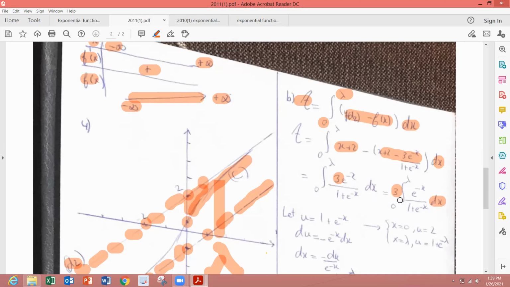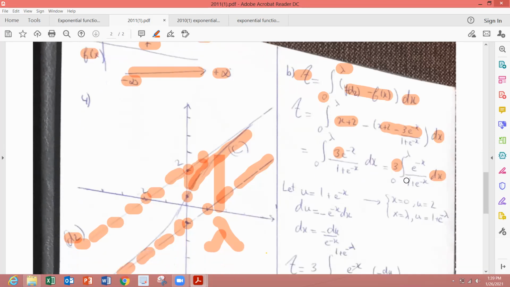Now by the method of substitution, or changing of the variable, I take u equal 1 plus e to the minus x, because the derivative of 1 plus e to the minus x gives e to the minus x. So we have to change the bounds.